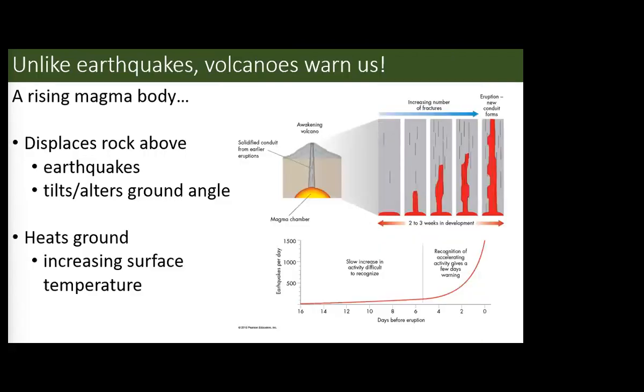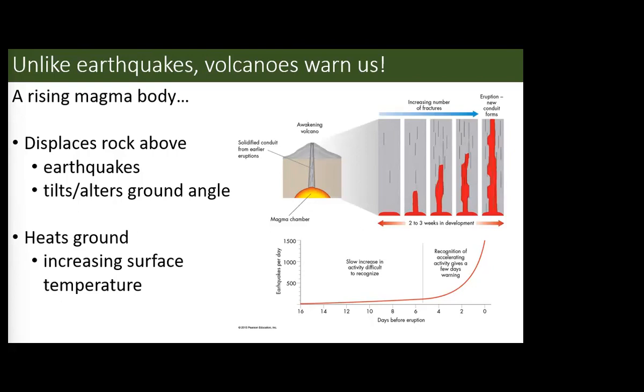Okay, so remember how when we were talking about earthquakes, there's really no way of knowing when an earthquake is going to happen. For a volcano, we can tell when an eruption is going to occur. As we know, as we're melting down the rock, we're going to destabilize that rock formation system.